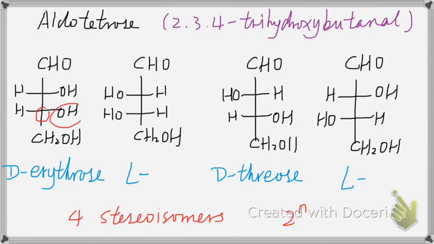If the OH group right here is on the right-hand side, it's the D. Okay, we are looking at the last chiral center, the highest numbered stereocenter in the Fischer projection. And if it's on the left side, then that will be an L sugar.